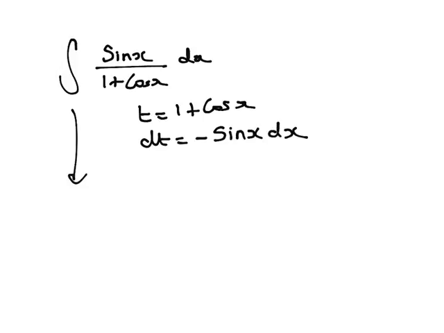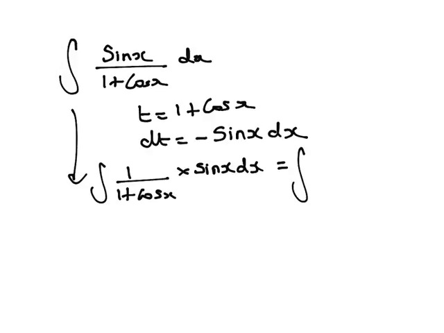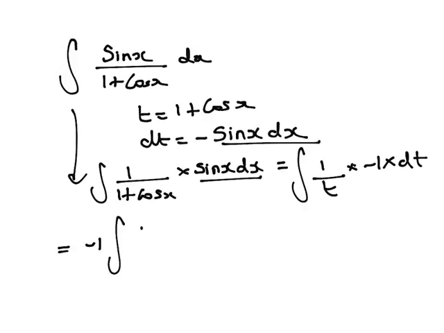So this integral can be rewritten as 1 by 1 plus cos x multiplied with sin x dx. Which is nothing but integral of 1 by t into, now sin x dx is nothing but minus dt. So minus 1 times dt. So I can take minus 1 outside the integral sign, 1 by t dt, which is nothing but minus 1 times integral of 1 by t, which is ln t plus c.